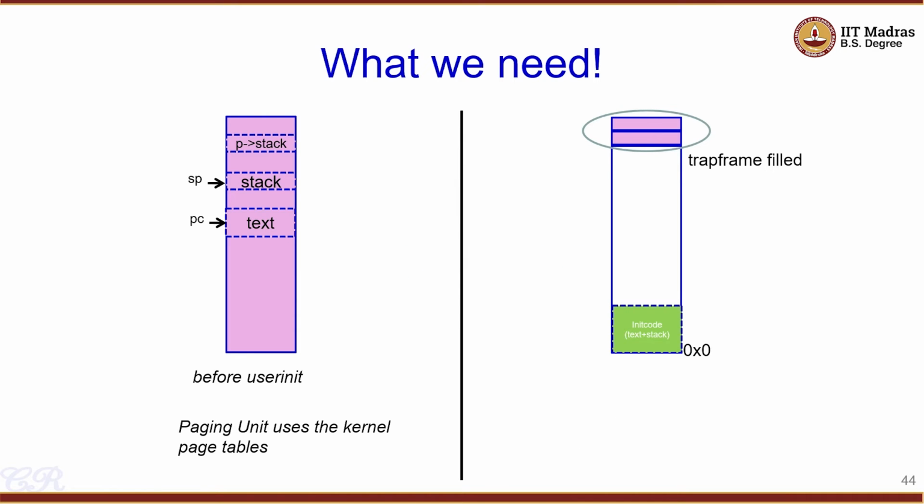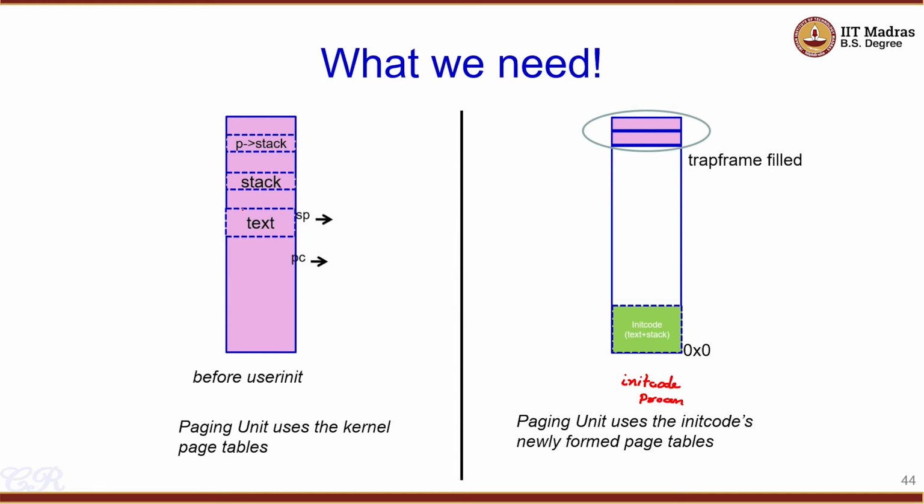So, to get this init code process to execute, we need to move the program counter and the stack pointer, which are pointing in the kernel's virtual address space, into the init code and the stack for the init code in the user process's address space.